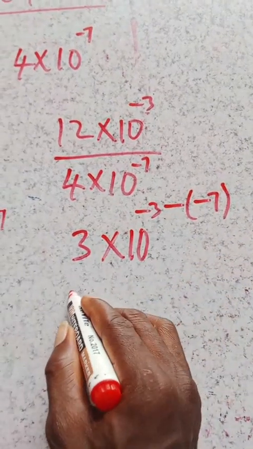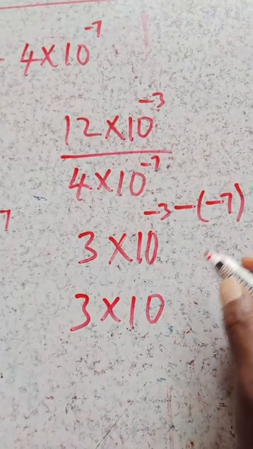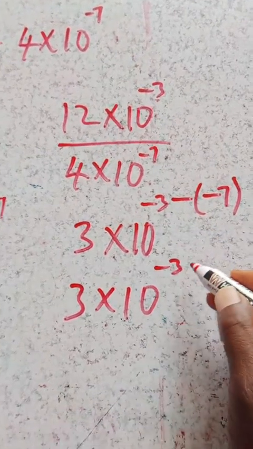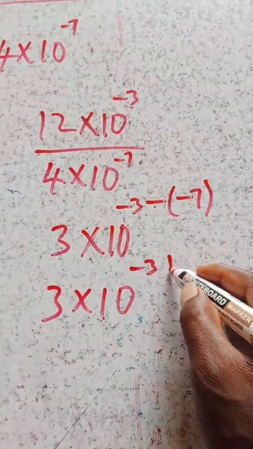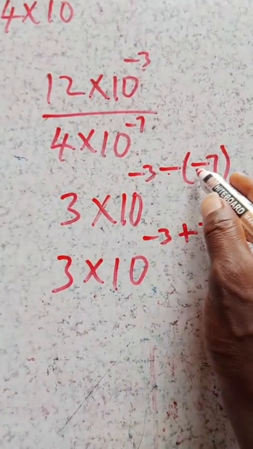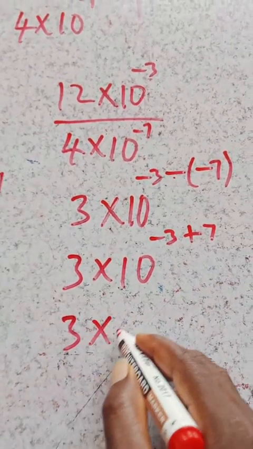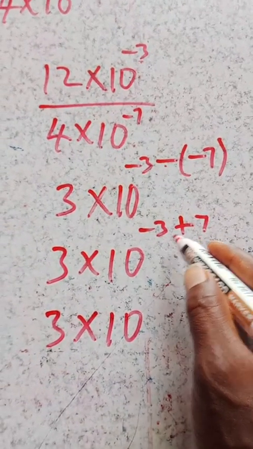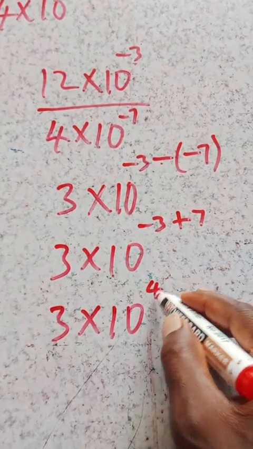The next thing, you have 3 times 10 raised to the power, and we remove this bracket, so we write the minus 3 first, and then minus times minus will be plus 7. Minus times minus is plus, so our 3 will be times 10, and minus 3 plus 7 is 4.